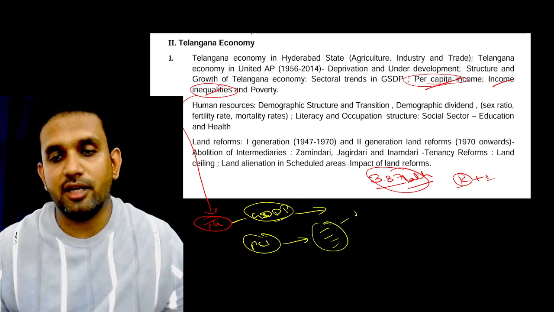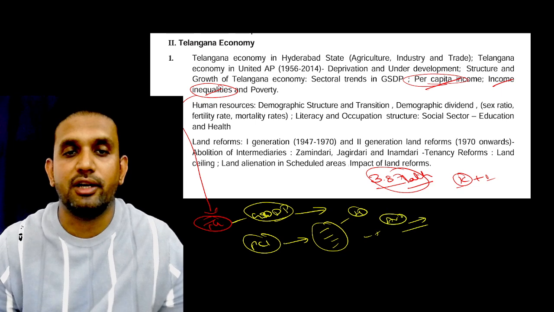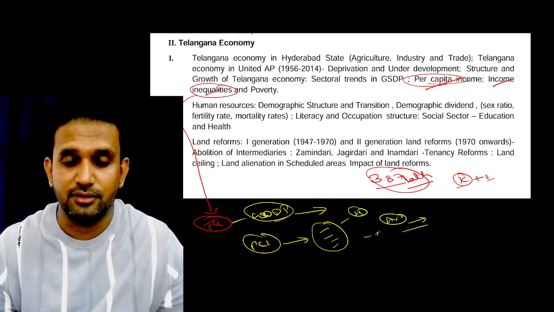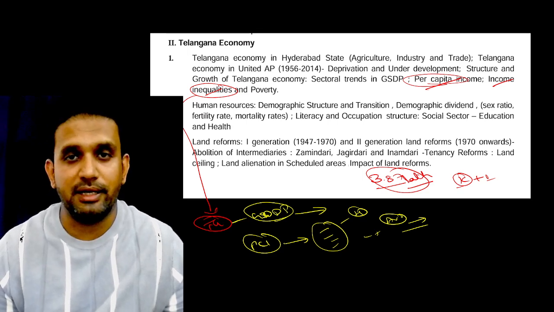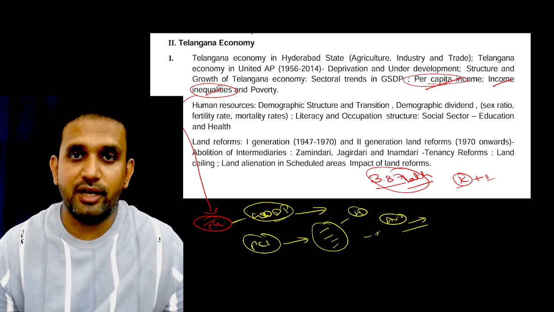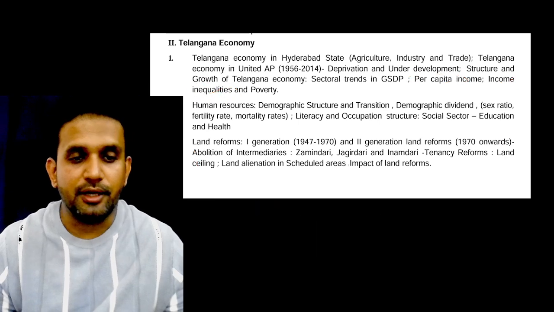So here we are talking about the top 3, bottom 3, and the average per capita income, the state average. We are comparing all of that. That is what is called income inequalities. Even today in our country, in India, income inequalities are not properly dealt with. We still don't know. We do not have a statistical tool for income inequalities.